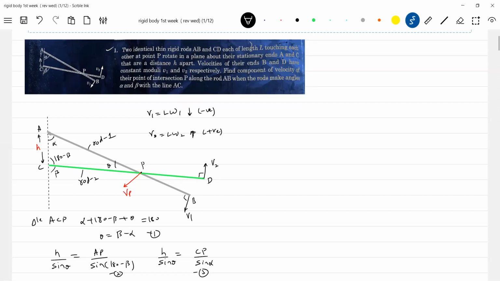Altogether, we needed AP, no? So AP, what can I add? Sine of 180 minus beta will be sine beta. And theta, what we can write? Beta minus alpha. Equation 3 needed or not needed, I just wrote it. If needed, I'll bring it. Why unnecessarily write so many equations?